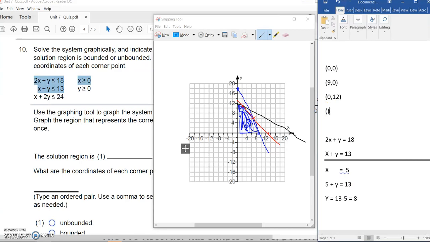So we got one more coordinate of the bounded region, which is x equals 5, y equals 8, and that would be this. My drawing doesn't seem good enough, but it's one of these points. So 5 and 8.